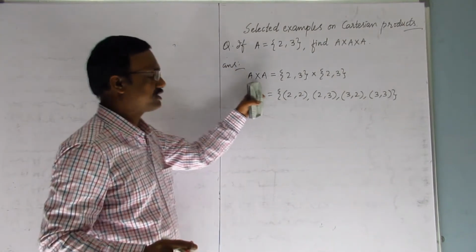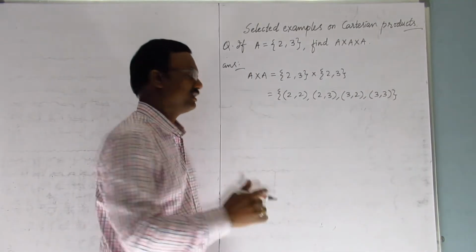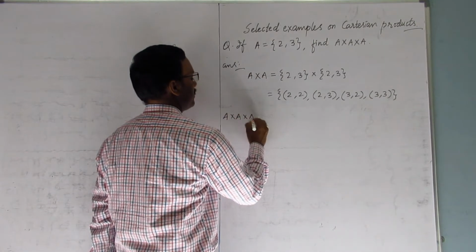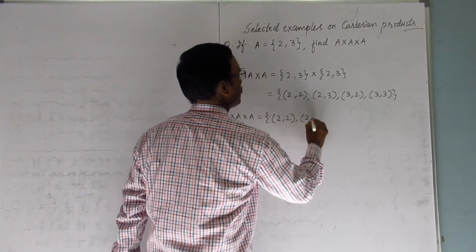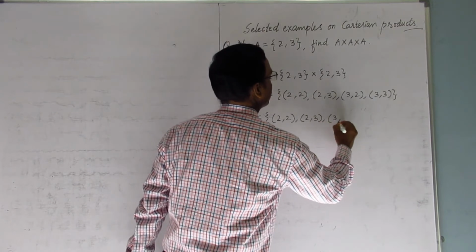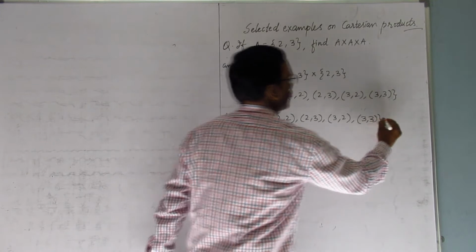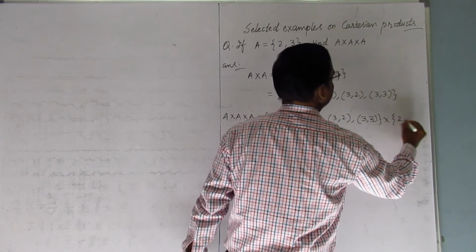Initially get A cross A, and then the next attempt we have to find out A cross A cross A. So A cross A is (2,2), (2,3), (3,2) and (3,3), cross A means our original set {2,3}.